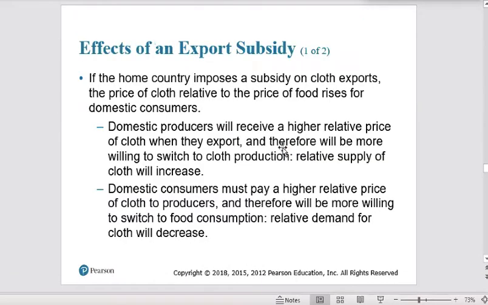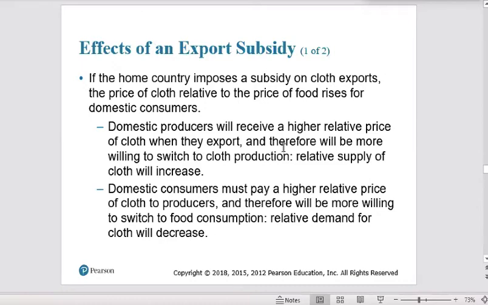Now let's take a look at the impact of export subsidies. Subsidy is not good for terms of trade, by the way. Let's take the setting through this example.